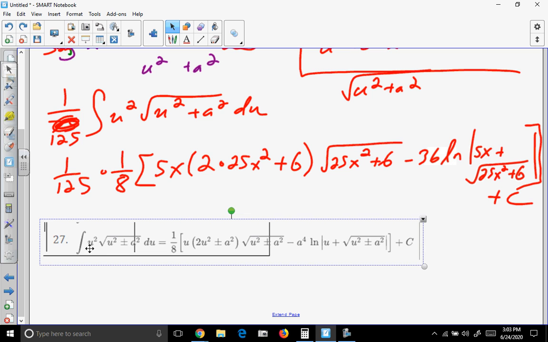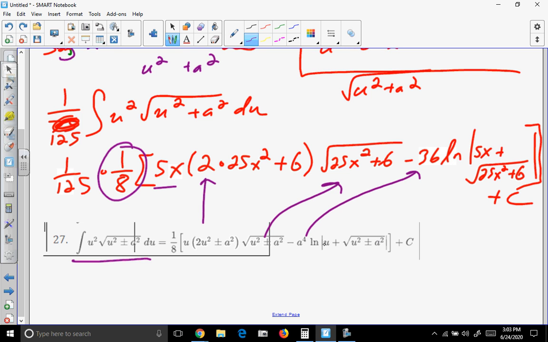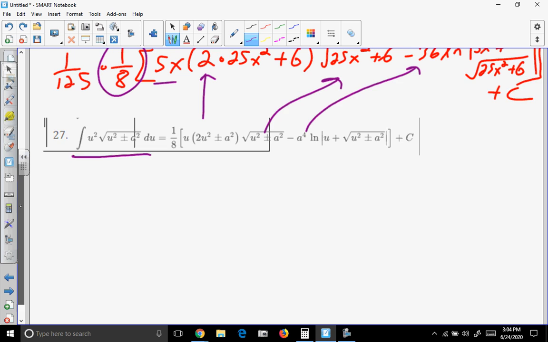So since we determined it was this formula, then we already had the 1 over 125 out front. Then we had 1/8 u, 2 u squared plus a squared square root minus a to the fourth natural log of absolute value, and then just plug in. So we could simplify that a little bit.